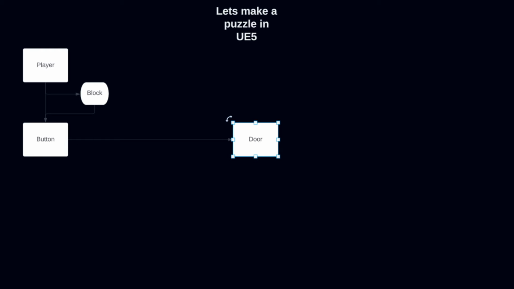And the button will then communicate with the door. So what I'm going to use to communicate with the door, it's going to be an event dispatcher. There we go. And because we're using the block, we're going to need one for close as well.